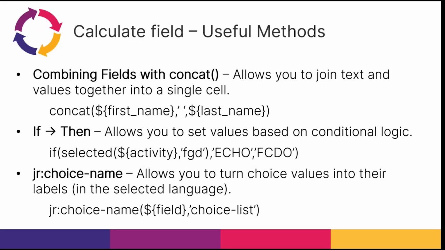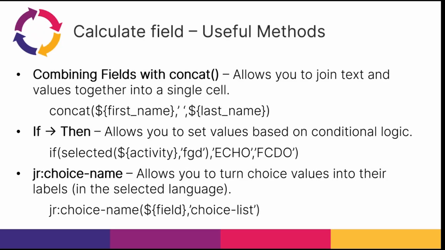The last option is a bit more advanced, but you'll notice that when you reference select one or select multiple, it doesn't give you the label, it gives you the name. In our use case earlier, where man, woman, other were 1, 2, and 3, it's going to give me 1. It's not going to say man, and maybe I want it to say man.